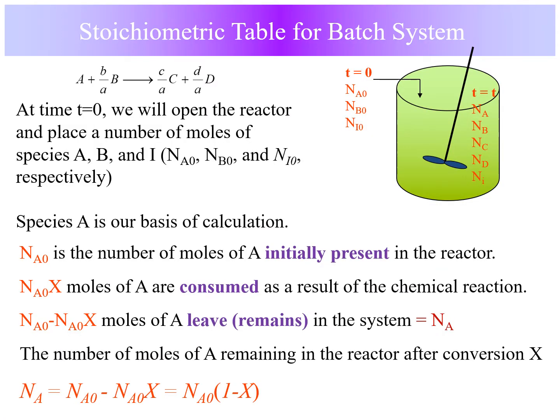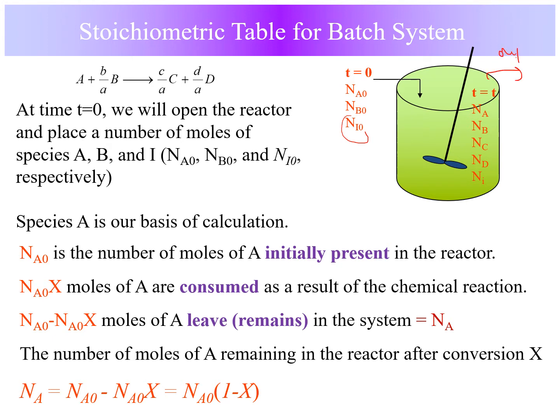So, the stoichiometric table for a batch system. Let's see, we have a reaction in a reactor whereby at T0, this is the initial value for A, B and inert. There is no reaction for the inert, but it is present in the reaction, which is why there is also an Ni for the outlet.